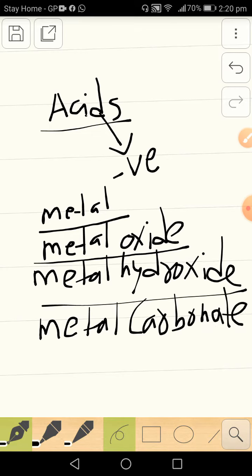You remember that a salt is produced from the reaction of an acid with a metal oxide, metal hydroxide, or metal carbonate.